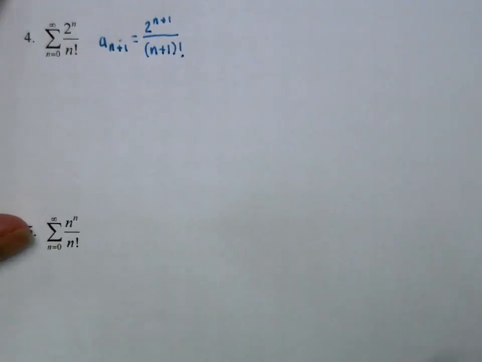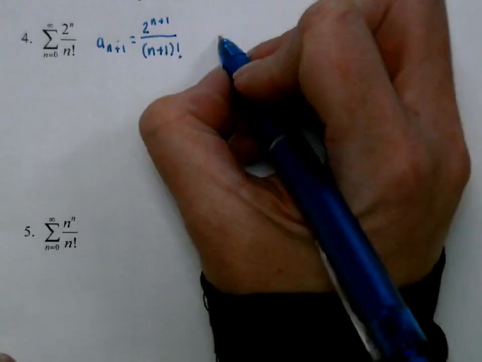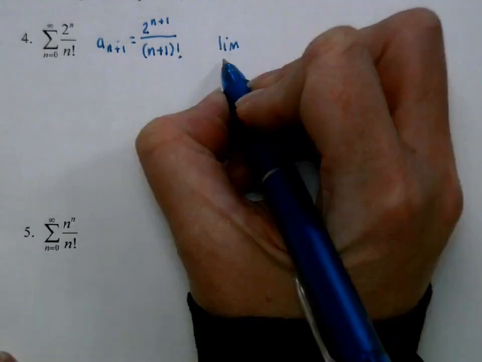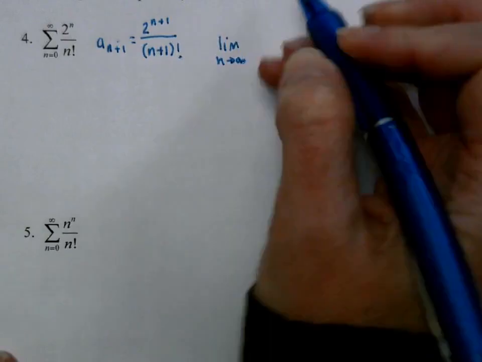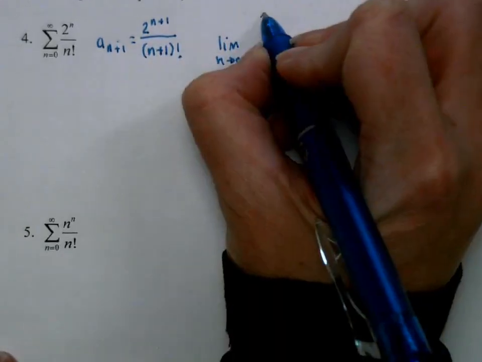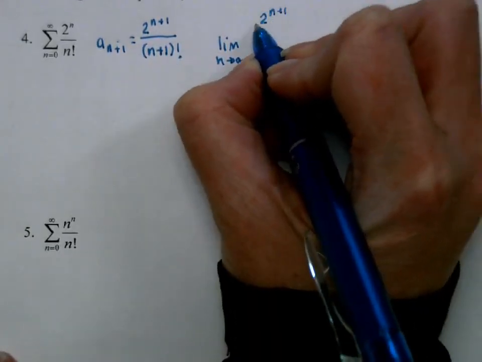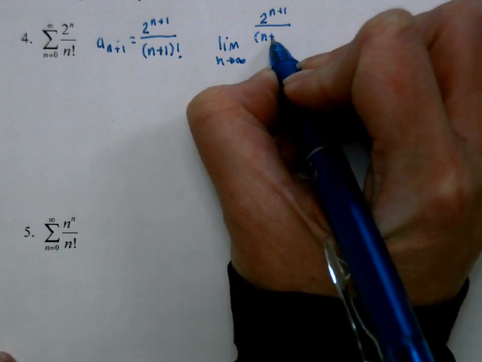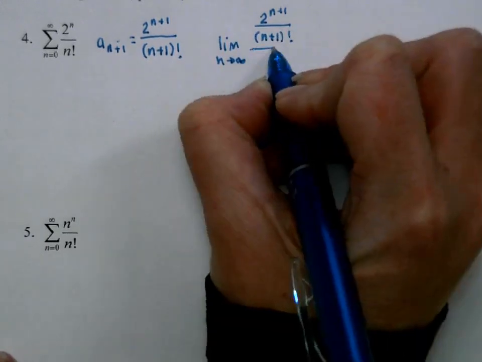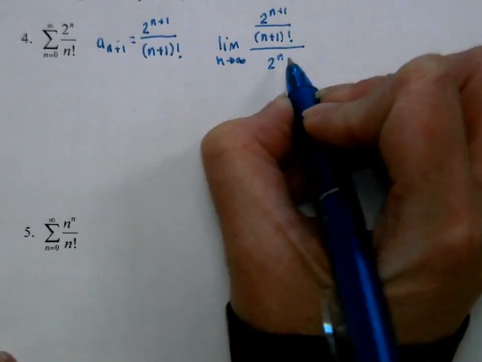Then we're going to do our ratio. So I'm going to have the limit as n goes to infinity of the (n+1)th term, which always goes on the top. Then we have our nth term.